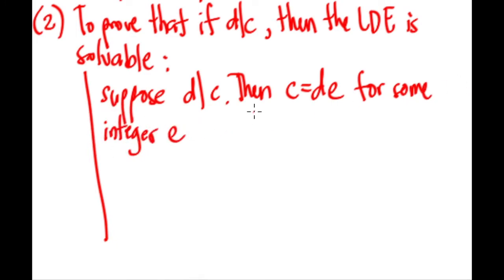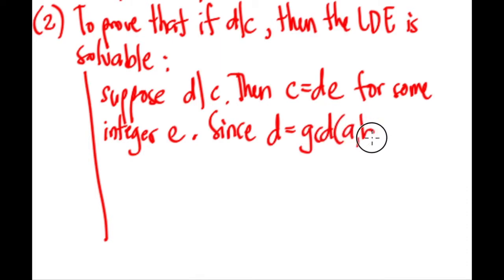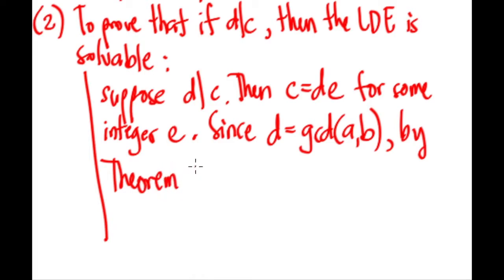Now, since D is equal to the GCD of A and B, by the theorem we talked about last in the linear combination, a theorem from Euler, if I can remember it correctly, it's really in one of our videos on linear combination.